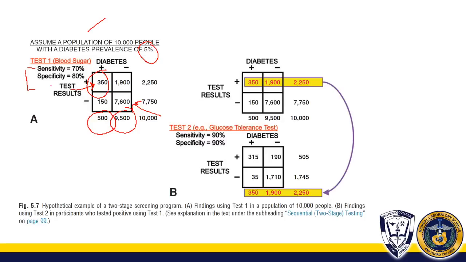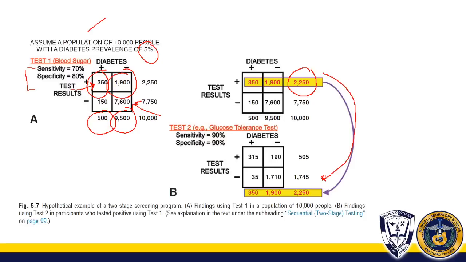Tanan na nag-positive sa inyong test, i-retest. So meaning, dili lang ta mo consider sa 350, consider also 1,900. So mao na meaning na naay total of 2,250 na nag-positive sa test result that will be retested and will proceed with the second na testing.